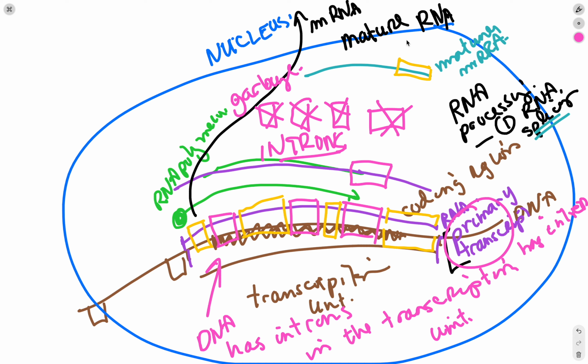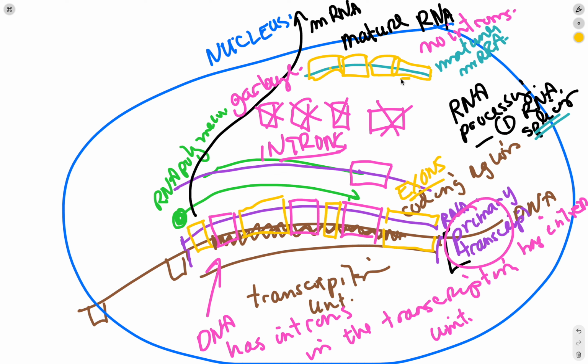The mature RNA has no introns. That's why it's shorter. The introns were deleted and destroyed. These exons are all present. So we see 4 of these down here, and these are called the exons. So exons and introns. Exons are saved, introns are destroyed, and the exons just join together like that, directly together, to make the mature mRNA.